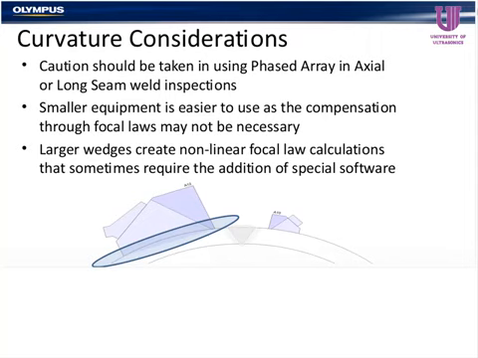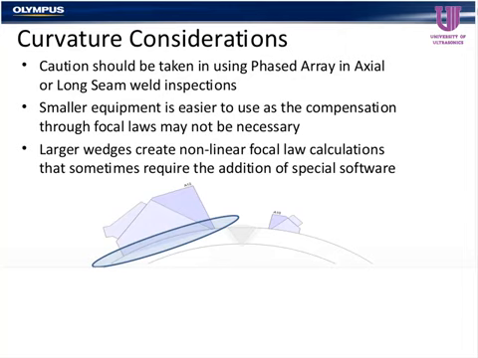And lastly, with the equipment, you would also want to take into consideration what the surface or the shape of your part will do to your inspection. So in particular, also want to factor in if your part is curved or rounded.